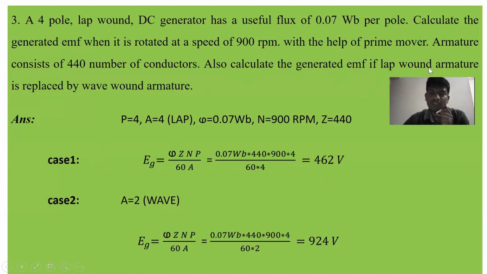So lap wound is replaced by wave wound, that means a change in the number of parallel paths. If wave wound, the parallel paths is going to be 2. So the EMF equation is as it is: 0.07 flux into 440 conductors into 900 rpm, and poles are 4, by 60 into A equals 2. Then we get 924 volts.